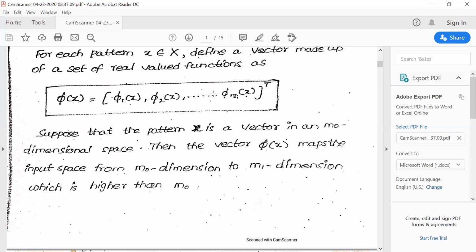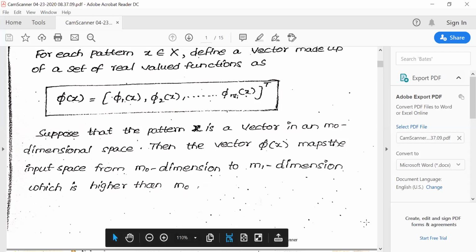It may vary from one problem to another problem. Okay, so phi1 of x, phi2 of x, and so on, phi n of x are the functions which actually map the input space into high dimension space. Right. So that's what it is saying. Phi of x maps the input space from m0 dimension to m1 dimension, assuming that m1 is always higher dimension than m0 dimension. That's what it is saying.